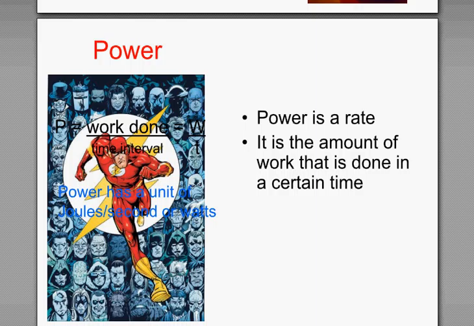Now, this didn't turn out as well as I'd hoped, but power is a rate. So power is the amount of work in a given time. So how powerful something is is how fast they can do work.